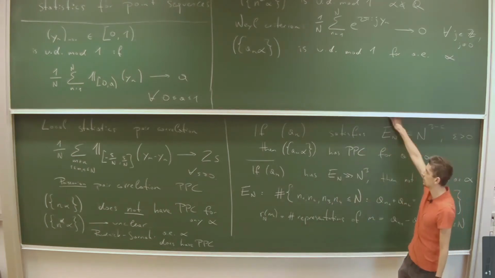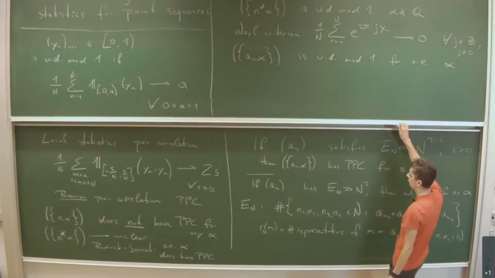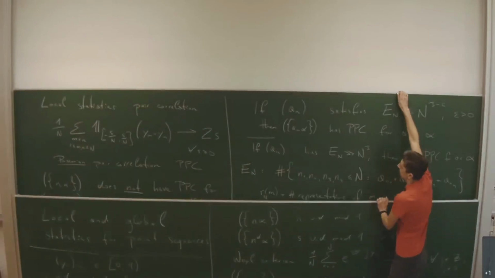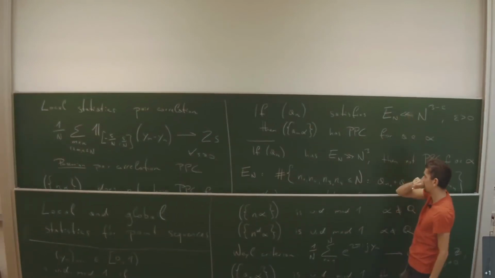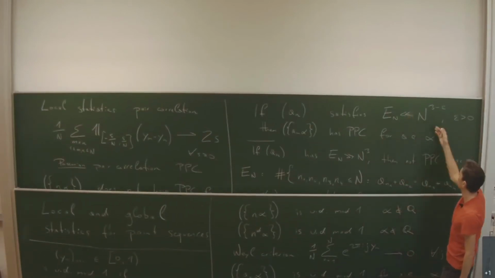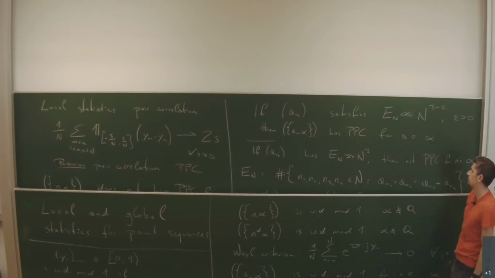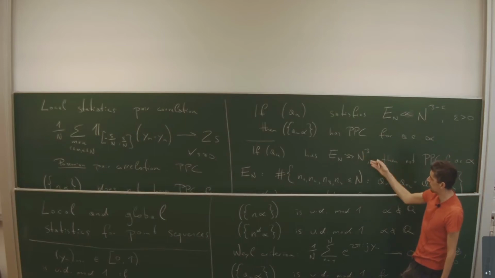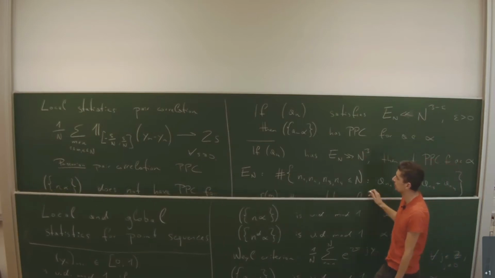And so the criterion here tells you if you can save a little bit over the trivial estimate, then you do have Poissonian percolation for almost all alpha. If the additive energy is of maximal possible order, then it's not true that you have Poissonian percolation for almost all alpha.